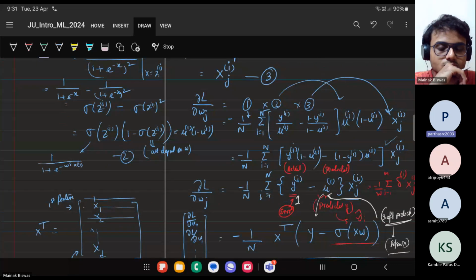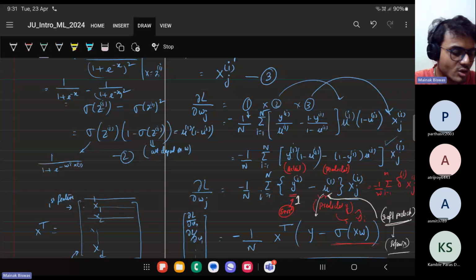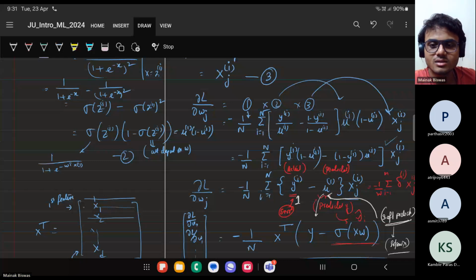Why are you calling it soft error? Soft is because it's not 0 or 1. It's the probability. You're not going to put y hat as 0 and 1 there. y hat is the probability. Anything greater than 0.5 will be closer to 1. Anything lesser than 0.5 will be closer to 0.